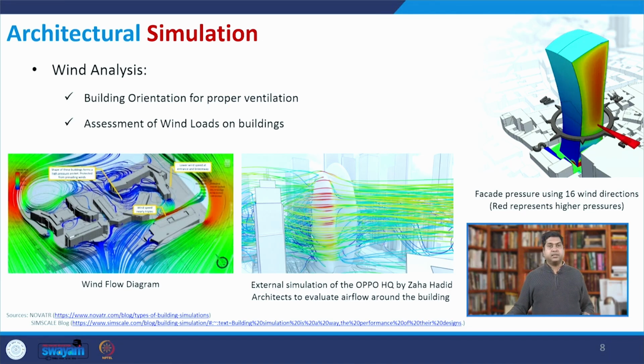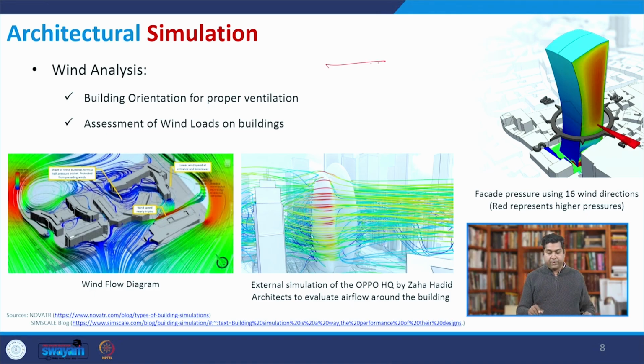In these cases, through the software we test different wind directions, the prevailing wind direction, or maybe in case of a storm, it is expected that there will be wind blowing at a certain kilometer per hour. So what will be the reaction of the building? It will also depend on the shape and size of the building. As I already mentioned, for high-rise buildings it is very important.